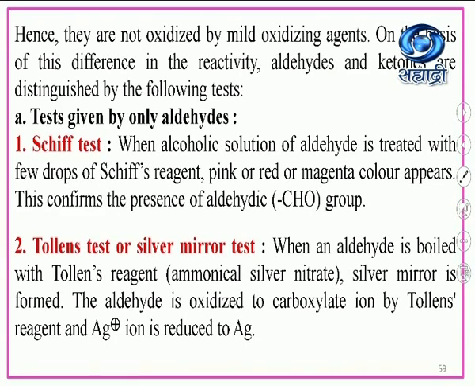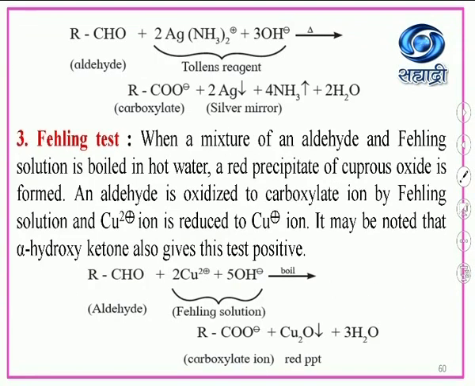The aldehyde is oxidized to the carboxylate ion by Tollens reagent, and the Ag+ ion is reduced to Ag. We'll see the reaction. RCHO, this is an aldehyde, plus 2[Ag(NH3)2]+ plus 3OH-.